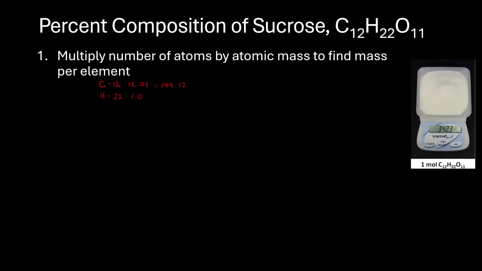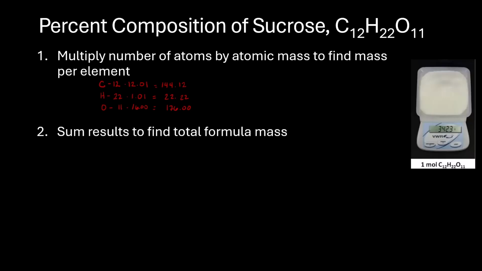I'm going to round it to 1.01. When we multiply that out, we get 22.22. And the last one for oxygen, we have 11 atoms of oxygen times 16.00 for the molar mass, again according to the periodic table, and we have 176.00 for that.